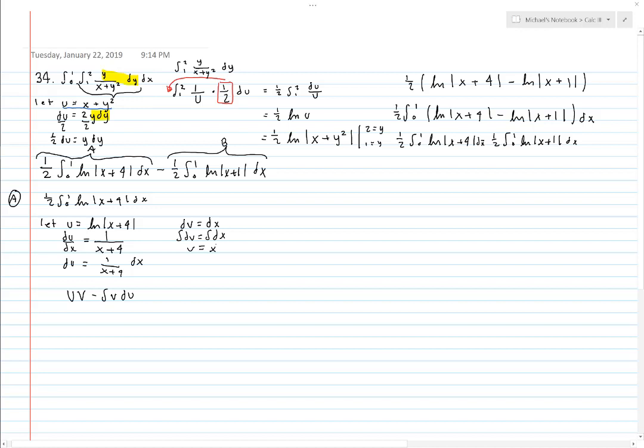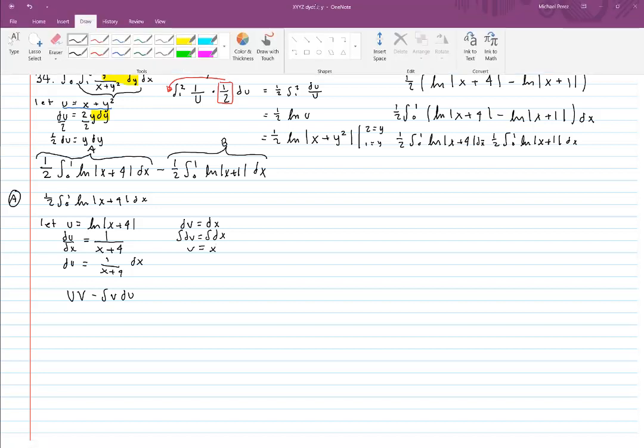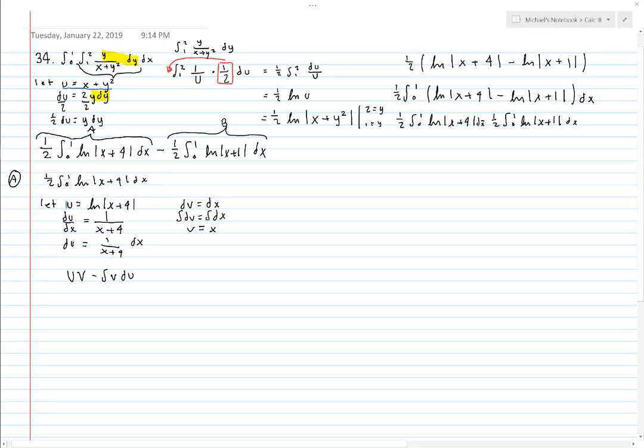And now notice that we have all the parts. Let me use a different color highlighter. But now notice we have all the parts for this equation down here. We have the u, we have the v, and we have the du.